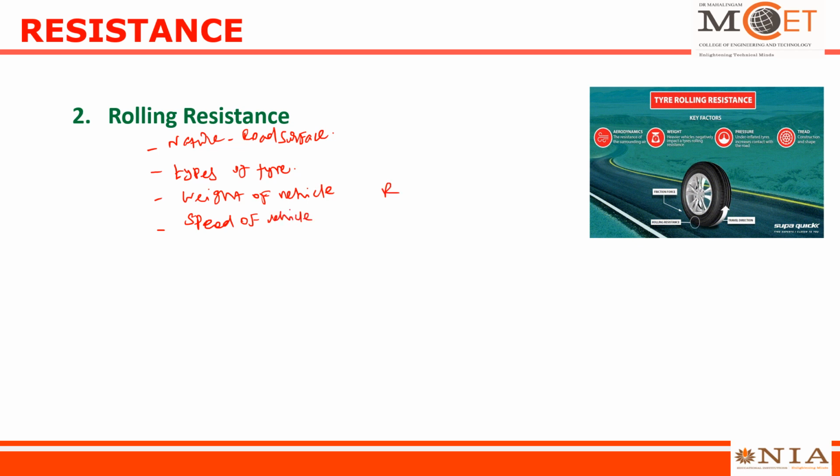So rolling resistance is directly proportional to road surface, directly proportional to weight of the vehicle, and also directly proportional to velocity of the vehicle.